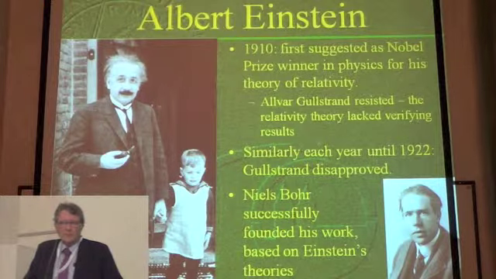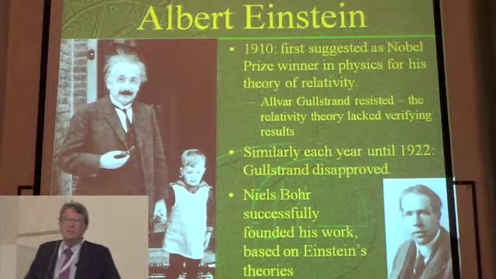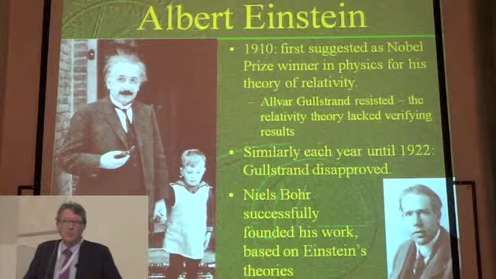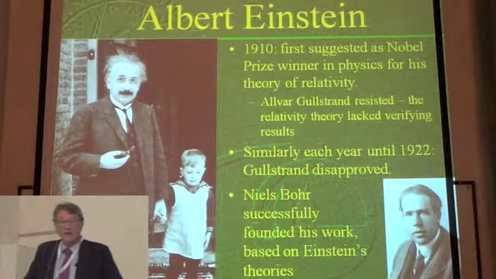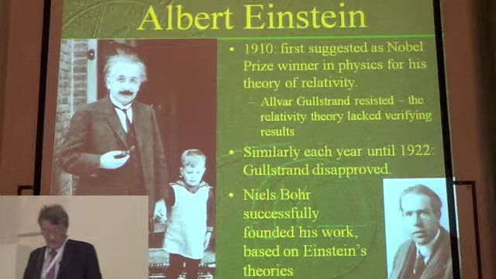But Gullstrand said no, even though Bohr had proved parts of his theory, the theory of relativity includes gravity, and that was not proven. And indeed it still isn't. Nobody knows exactly what gravity is, and nobody has a good theoretical basis on what it is.